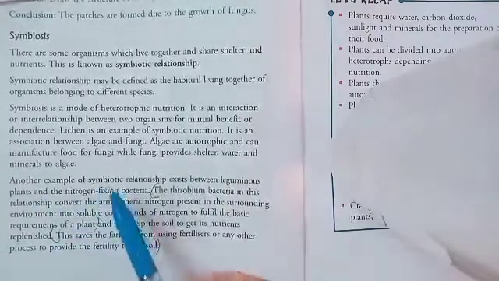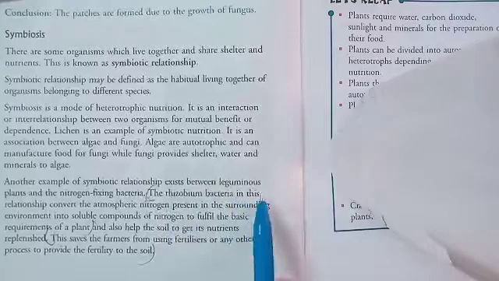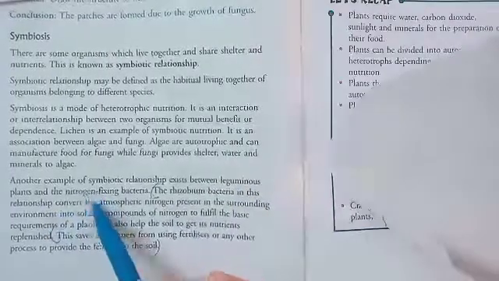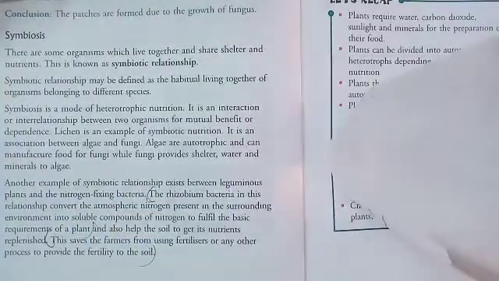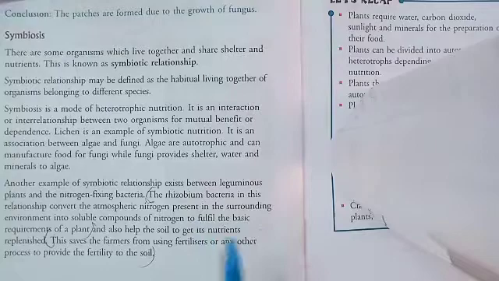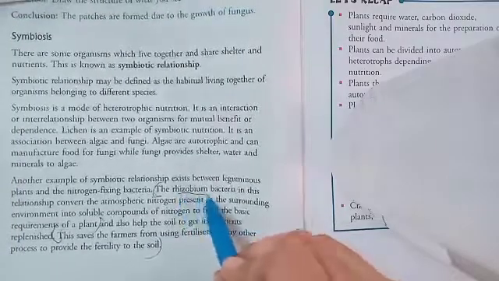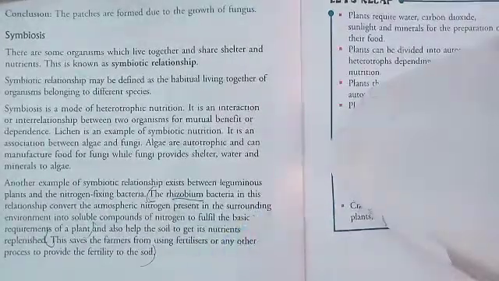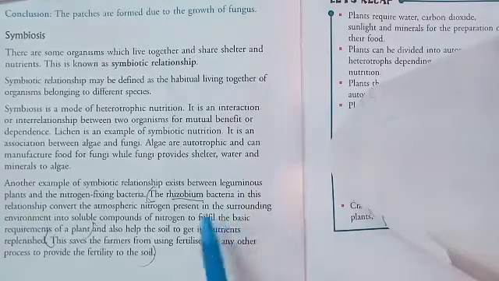Another example of a symbiotic relationship is between the leguminous plants and nitrogen fixing bacteria. What are the leguminous plants? In the roots of the leguminous plants, one bacteria is growing. Which bacteria? Rhizobium bacteria is growing in the roots of the leguminous plants.